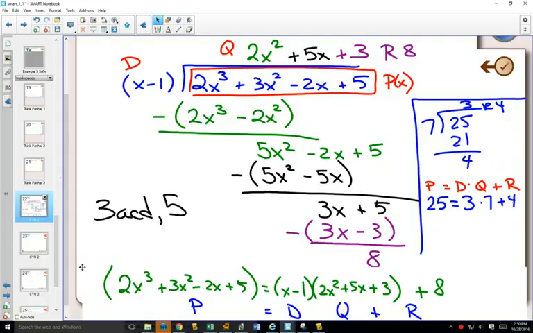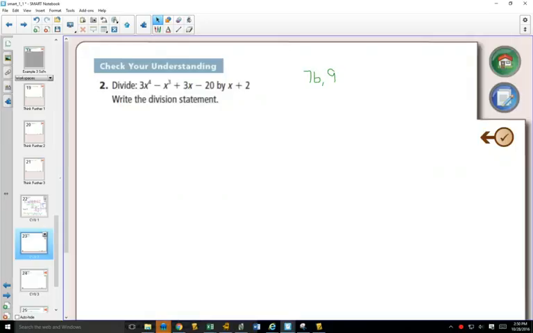So now that we know what a division statement is, let's go to example number 2. And not only are we going to divide this, but we're also going to write the division statement. Now, example number 1 taught us one important thing for long division. The order is important.